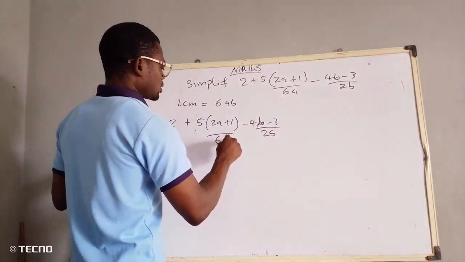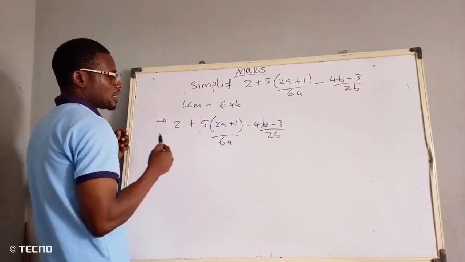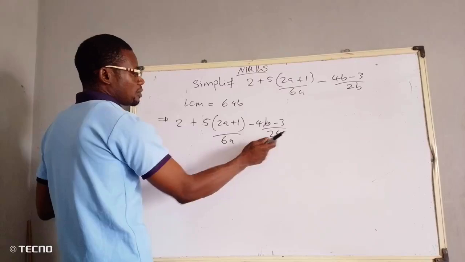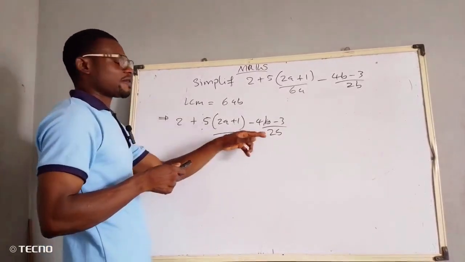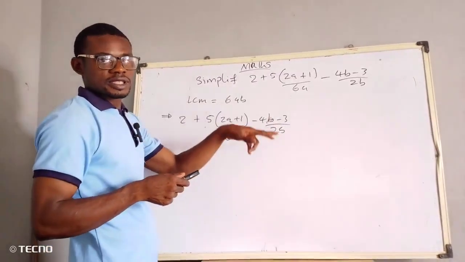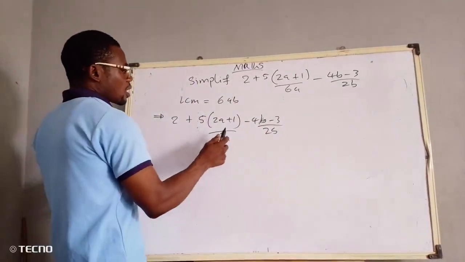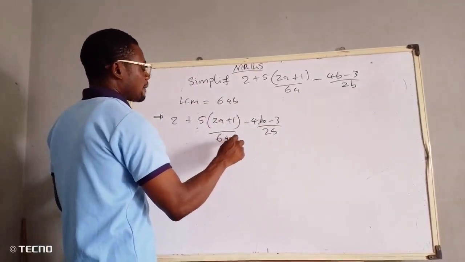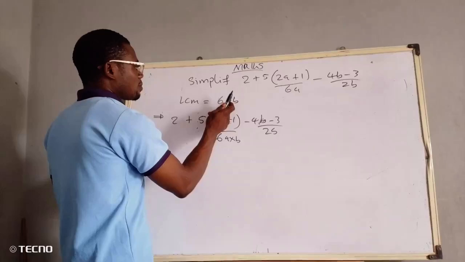There is all over 6A. Now look at what I will multiply with 6A to give us 6AB. I want to make sure my denominators are the same. Because it's a fraction, when you are adding or subtracting fractions, make the denominator the same first. So I will multiply this by B to make it 6AB.